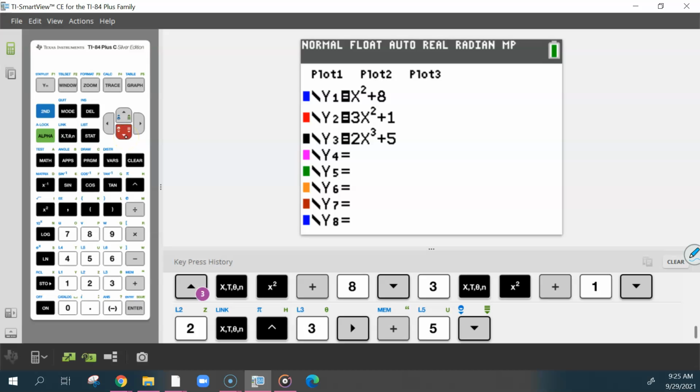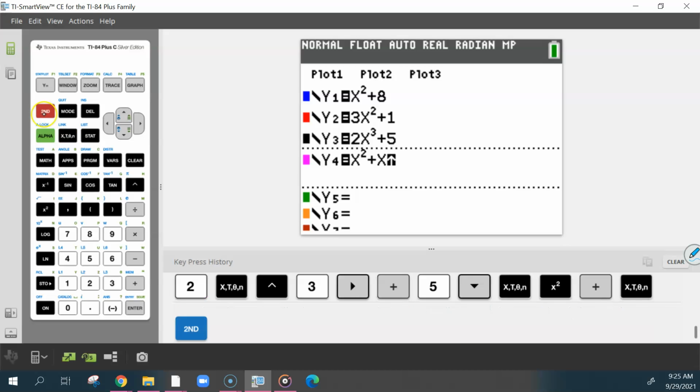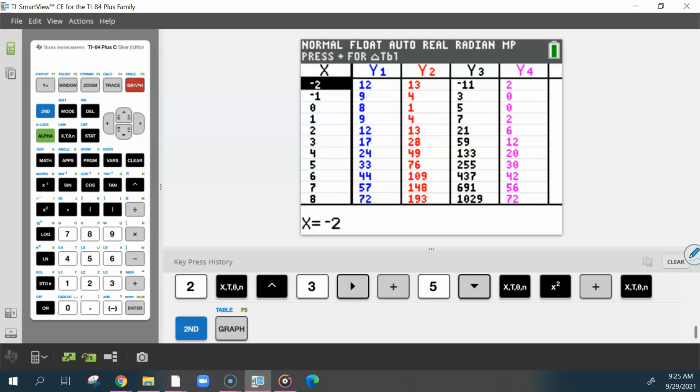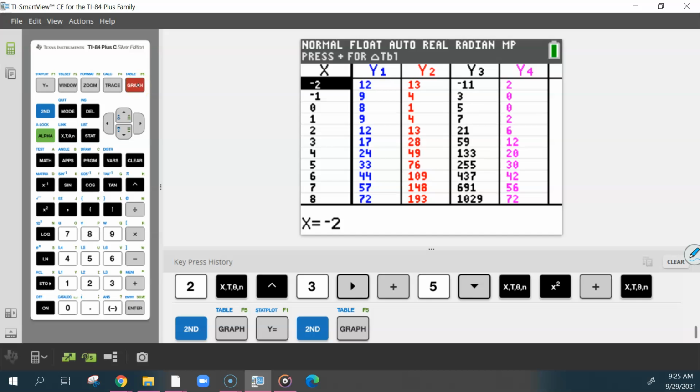And then x squared equals. So I put all 4 of these into the calculator. I'm going to go to my table. And I'm looking for when x is 2, which of these gives me 13? The red one. I didn't write down which one the red one was, but I'm pretty sure it's the second one. So 3x squared plus 1 gives me 13. So that would be my answer.